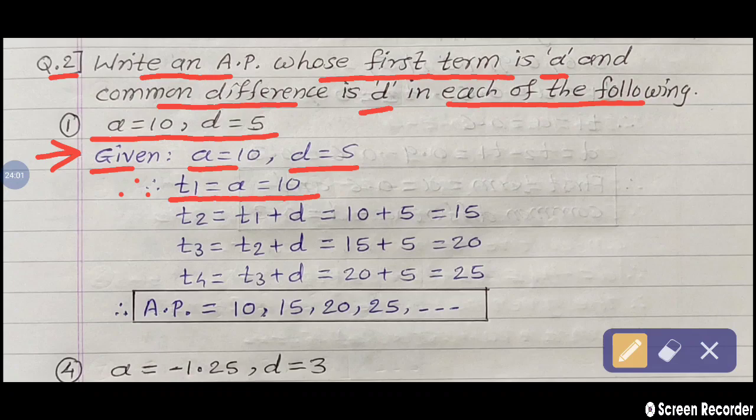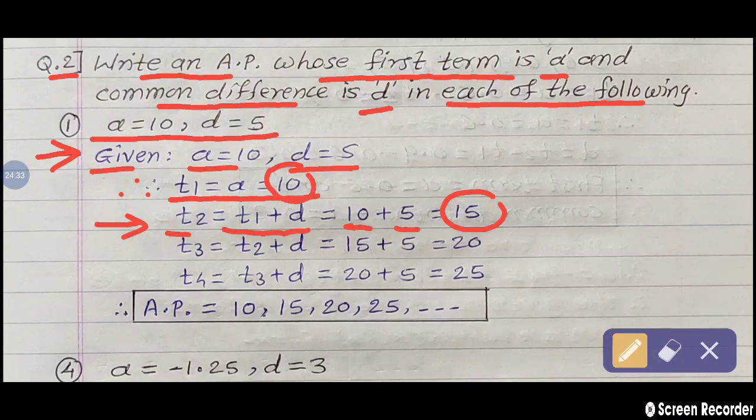We obtain the third term by adding the common difference to the second term. That relation we use here. So we find the second term. Second term T2 is equal to the previous term T1 plus D. The value of T1 is 10 plus common difference 5. So second term we obtain here is 15.